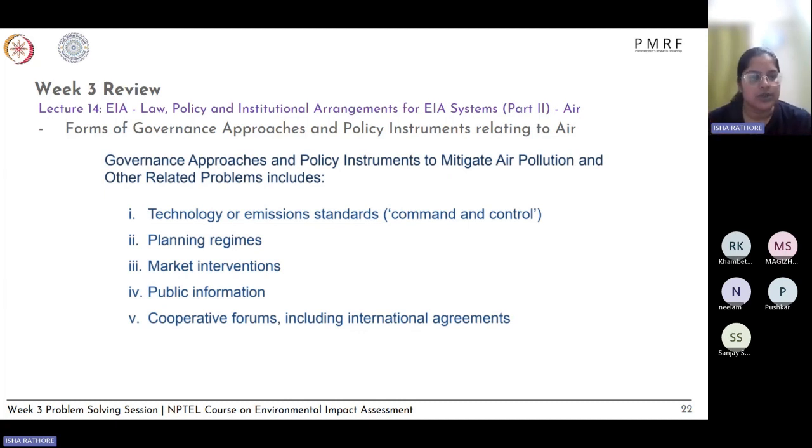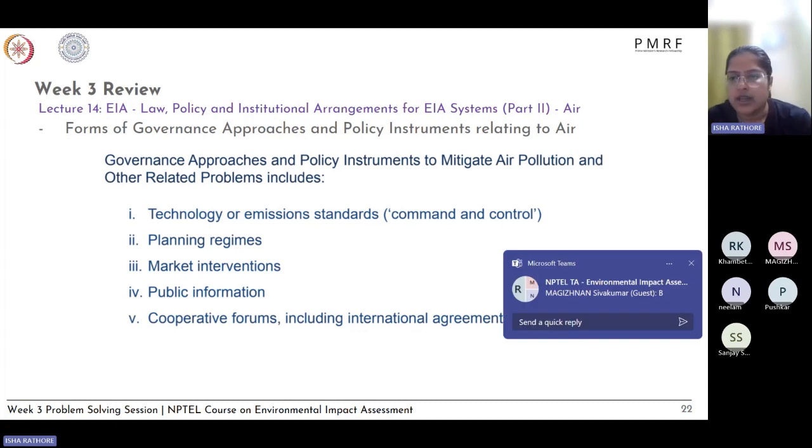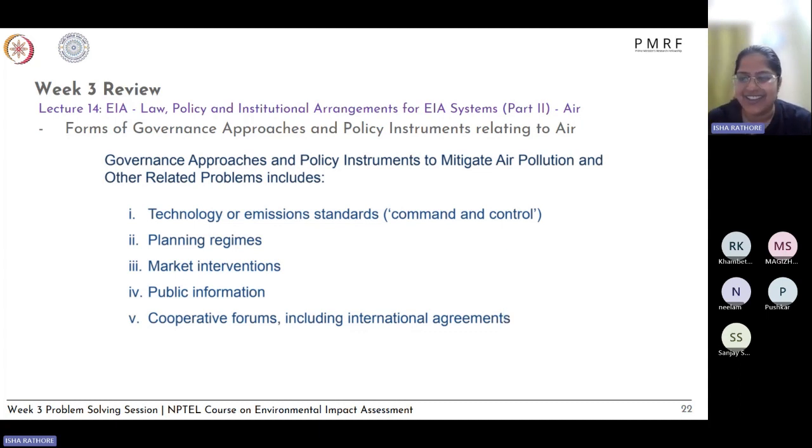Public information is where you make consumers aware of the technical things associated with products, and this awareness leads them to cutting back on certain products. Then we have cooperative forums, where different agencies cooperate and brainstorm like a think tank on how they can mitigate air pollution.